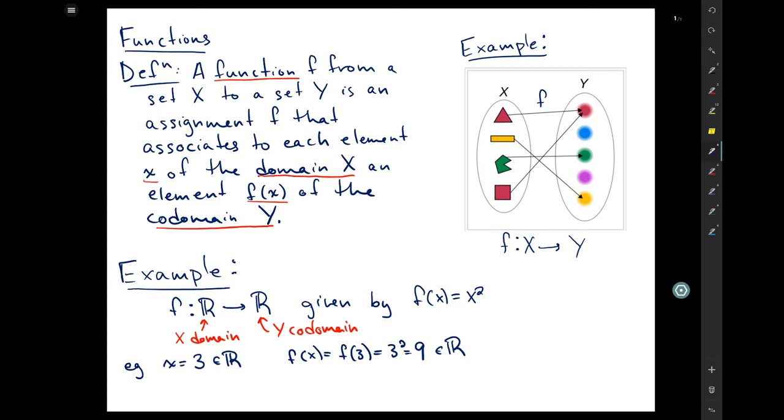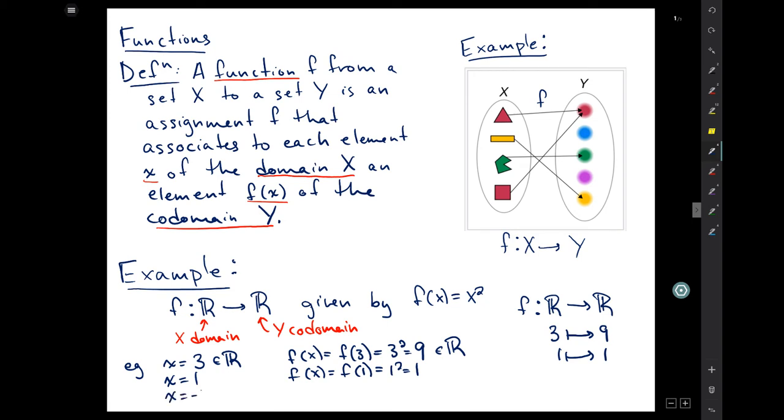So again, if we're looking at our function f going from R to R, for example, 3 gets sent to 9. As another example, if I have x equal to 1, then f of 1 is 1 squared, which is 1, so 1 gets sent to 1.